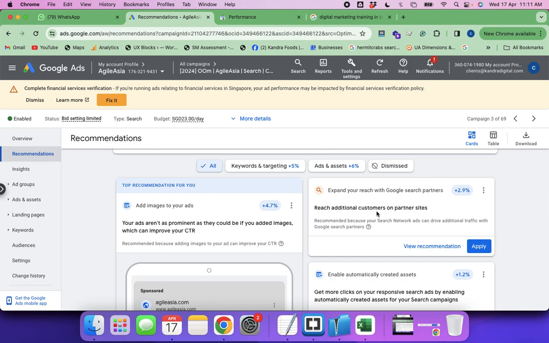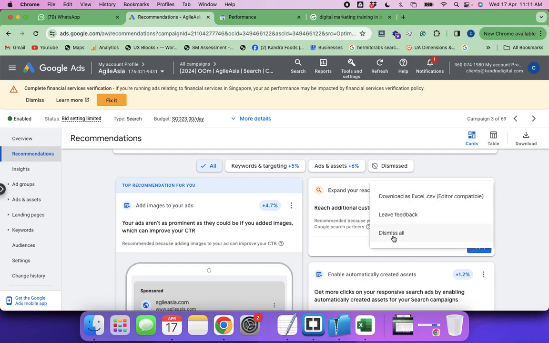Reach additional customers on partner sites. On partner sites is nothing but they're asking you to add the display network or search network, so that your ads will show to more people, and which is also in fact going to be pull marketing. Okay, so you don't have to really apply this. You can simply dismiss this also.